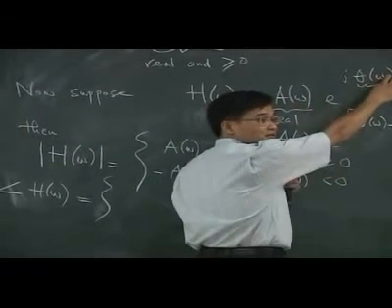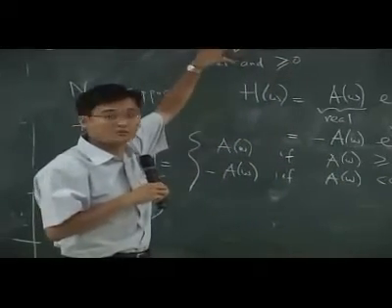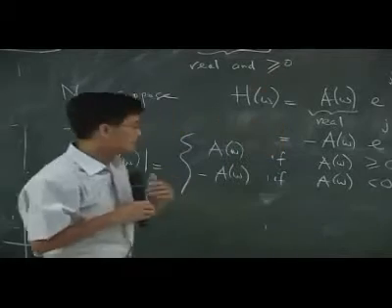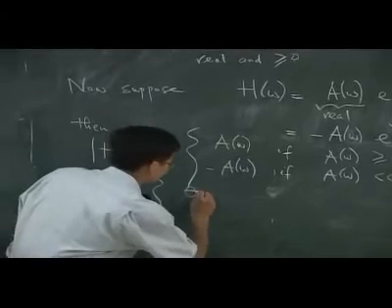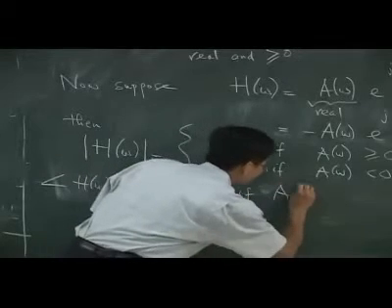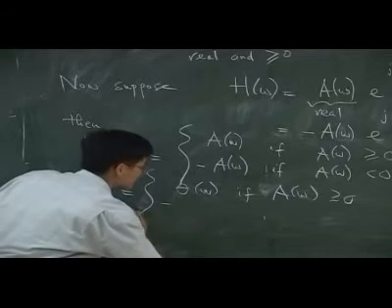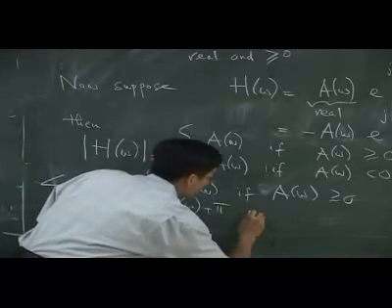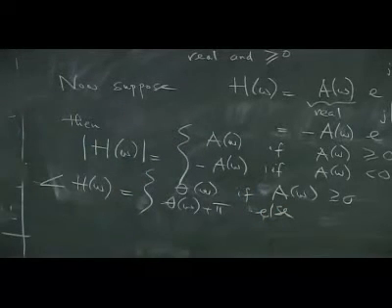So that must be the phase. Right? That's the fact: any complex number is uniquely represented as a real non-negative number multiplied with this exponential, because that's just a polar coordinate system. In that case, the phase equals theta of omega if A of omega is greater than or equal to 0, and theta of omega plus pi otherwise. Alright, so that's pretty clear now.